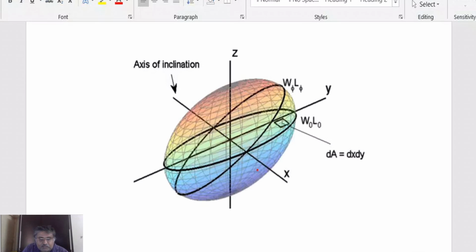Let us explain this figure. So this is one figure.